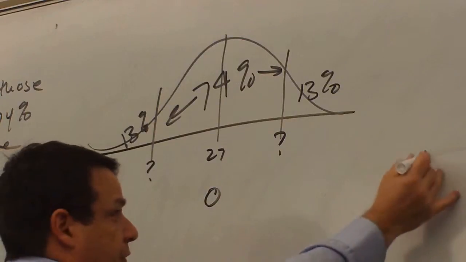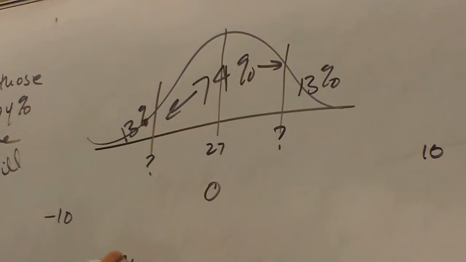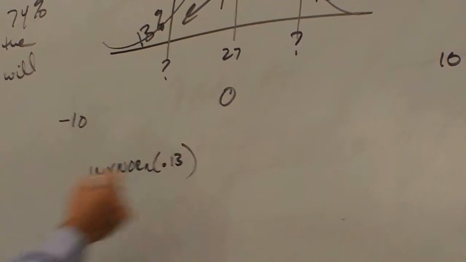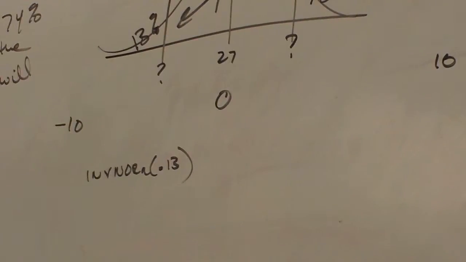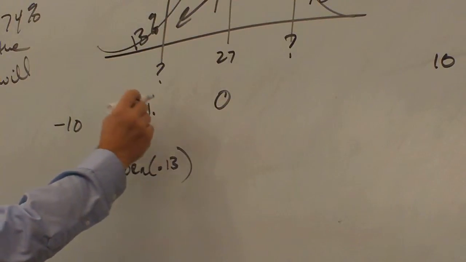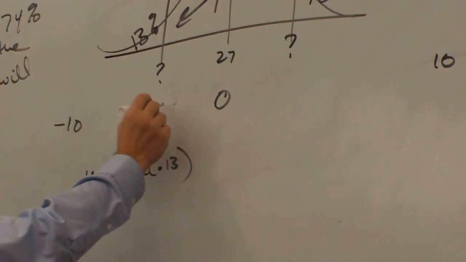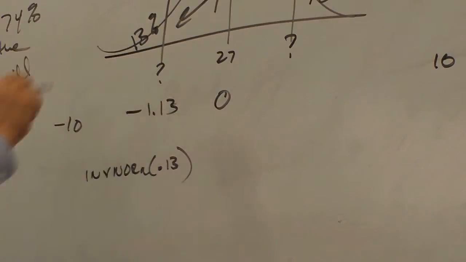To convert this to z-scores, all I have to do is go inverted norm 0.13. And inverted norm 0.13 is what? Negative 1.13.